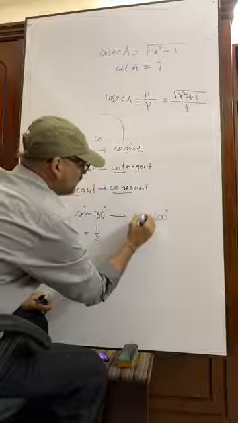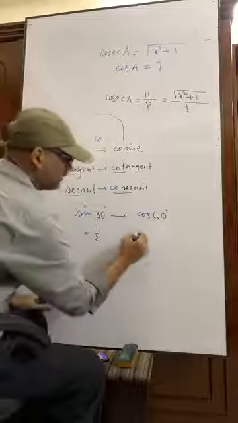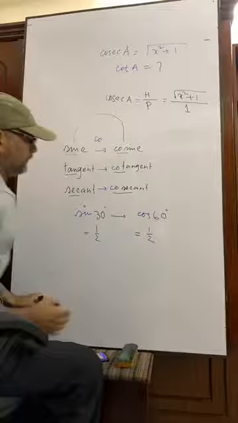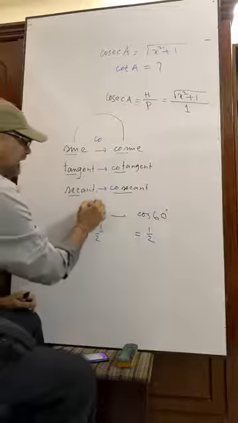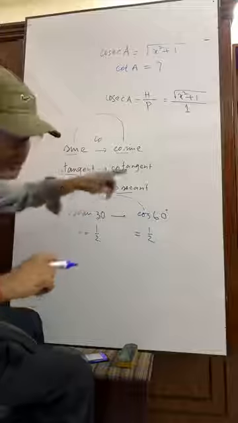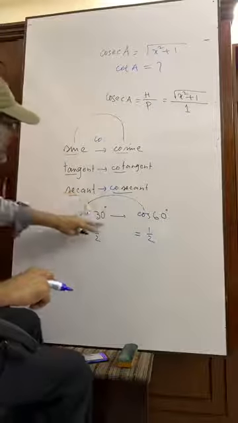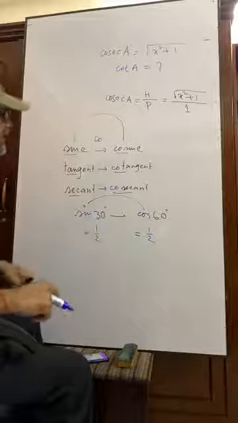So what is cos 60 degree? It is also equal to half. Have you seen? Sine 30, cos 60. 30 degree, its complementary is 60 degree. We are getting the same value.